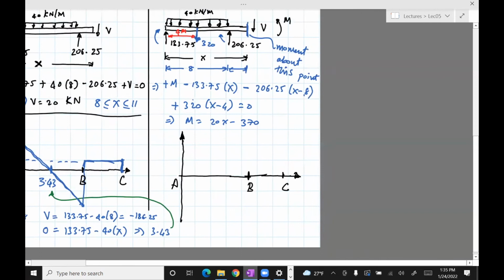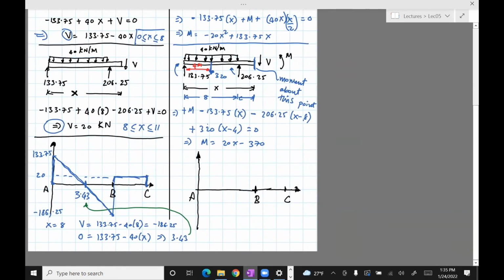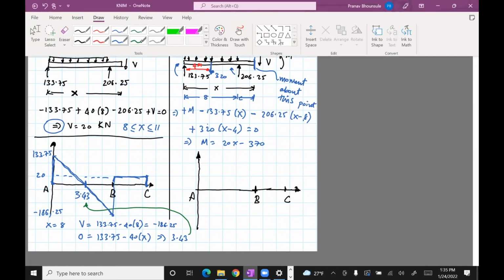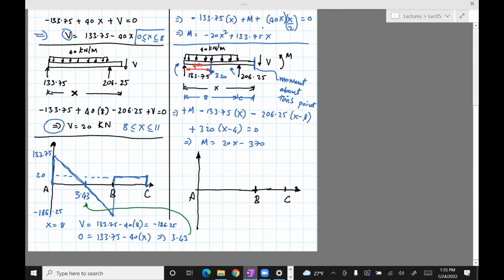Okay, so all we need to do is look at those two equations. So first we have this equation over here between x, 0 and 8. And then we have this equation, which is from 8 all the way to 11.